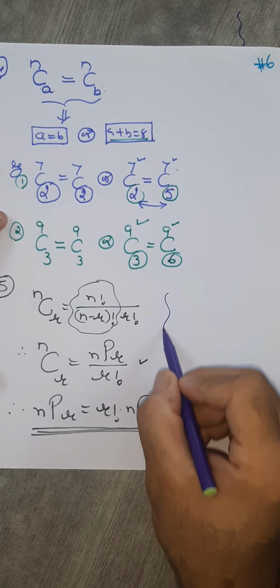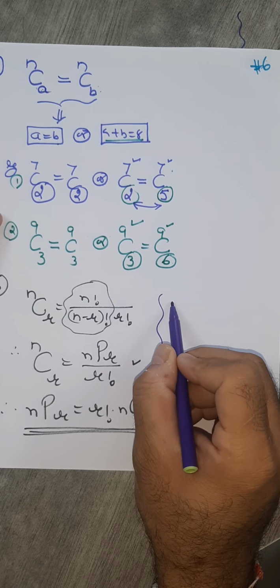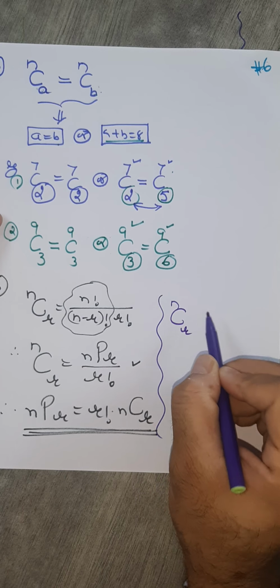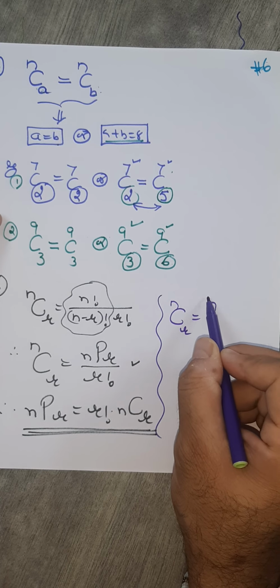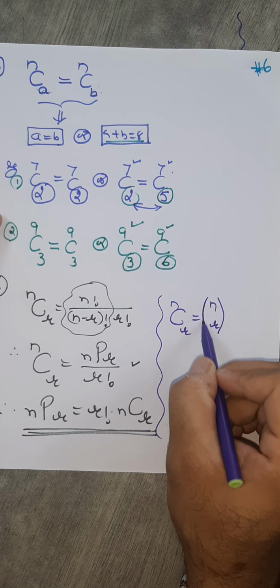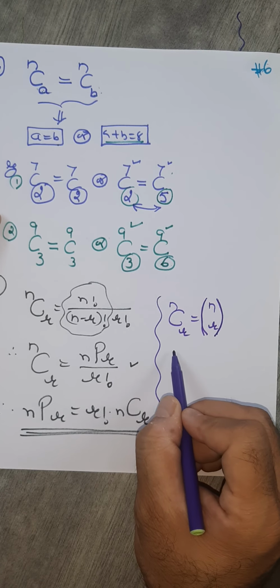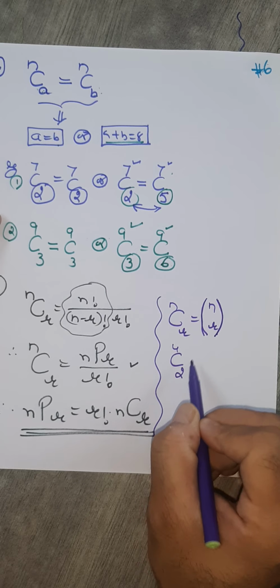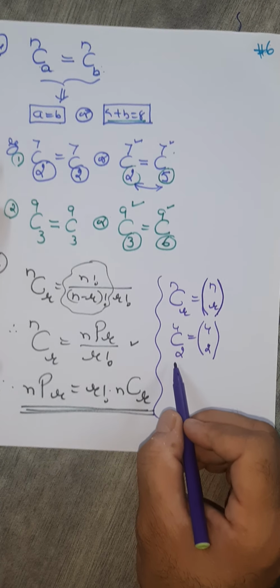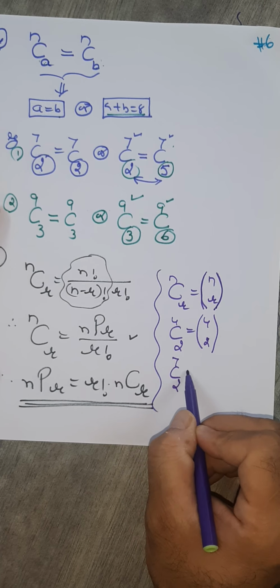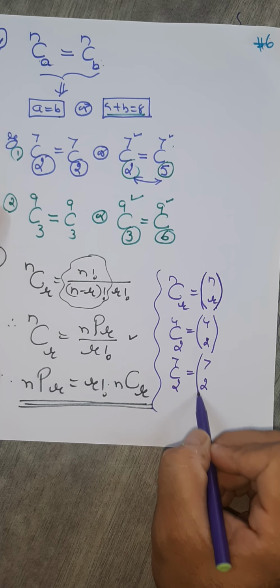Here NCR symbol is also denoted by this, which is also sometimes denoted by this here. NR, and we write this round bracket. This is also read as NCR. If I write 4C2, that's also sometimes written as 4C2, like this. Just round bracket. If I write 7C2, that is 7C2, like this.